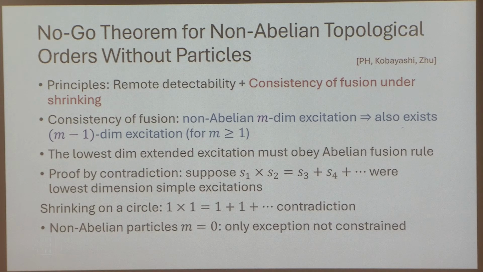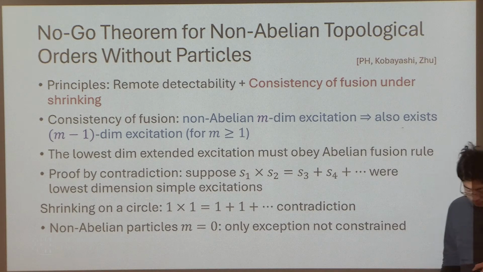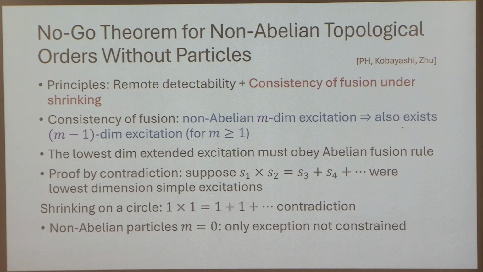Okay, so what I talked about previously is the condition for topological orders with particles to be consistent. But now if we further require that there are some excitations obeying non-abelian fusion, then there's an additional requirement from the consistency of fusion.